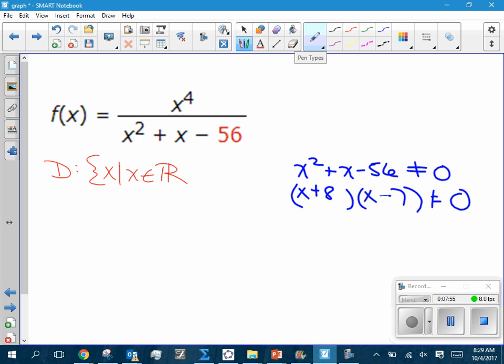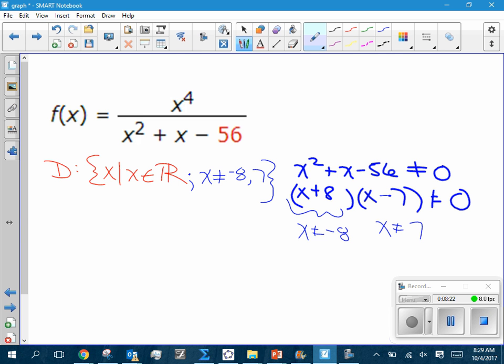So now, in this situation here, x cannot be negative 8, and in this one, x cannot be 7 once we solve those smaller equations. So going back to set builder notation, we would put a semicolon here and say x cannot be negative 8 or 7.